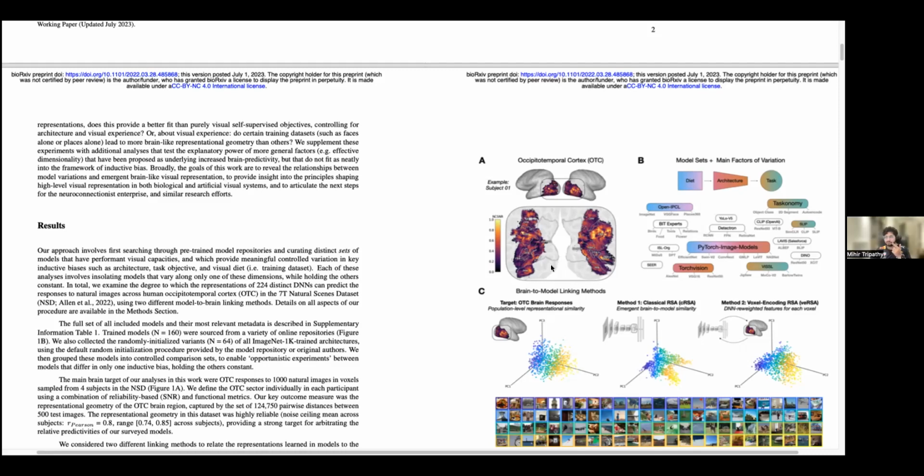Okay, so these V1, V2, V3, V4, the visual areas, they lie inside this occipitotemporal cortex, right? OTC. Yeah, I think OTC is, in the figure you can see, basically visual cortex and ventral temporal.